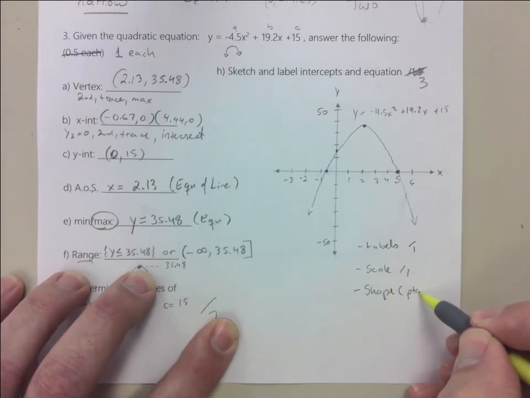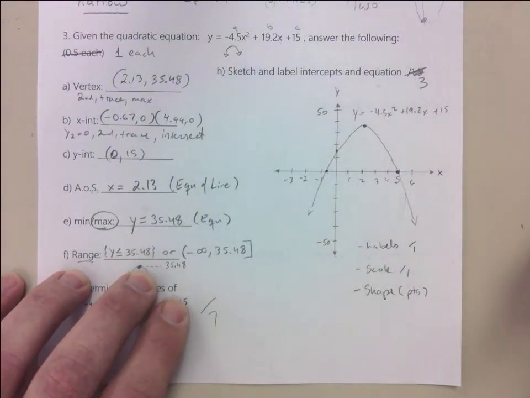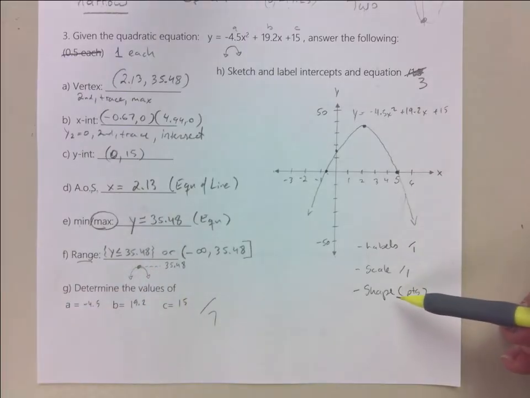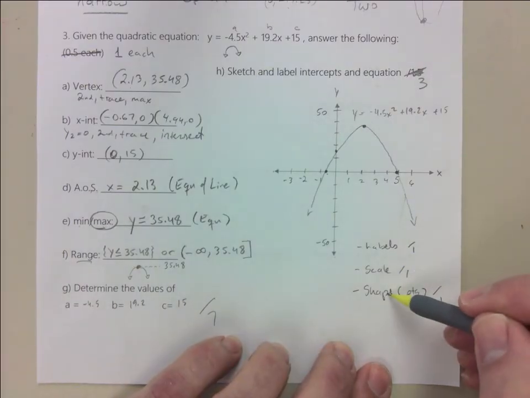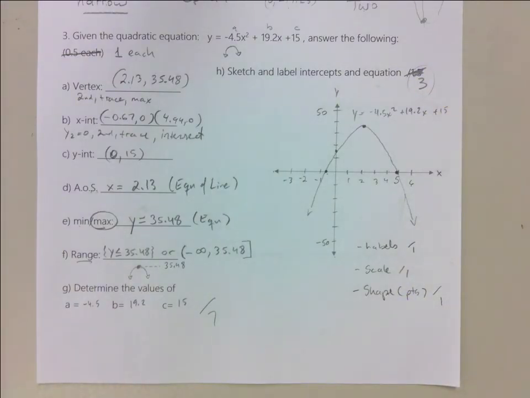By that I mean, are the points where they're supposed to be? Because if the points aren't where they're supposed to be, the shape will be off. Okay? So 1 mark for each of these components. Okay, so 3 marks in total. So basically question 3 is 10. Altogether, question 3 is worth 10 marks today.